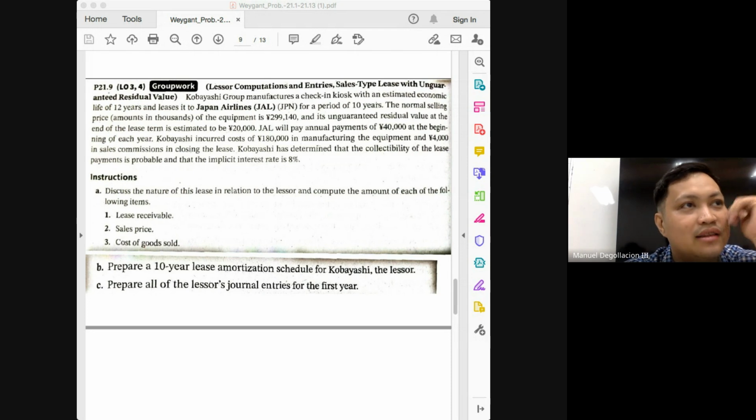Why is that important? That is the amount that will be outstanding for the entirety of year 2. That is the amount that will earn interest on year 2. So how much is 239,871 times 8%? 19,190. So that would be your interest revenue for year 2.